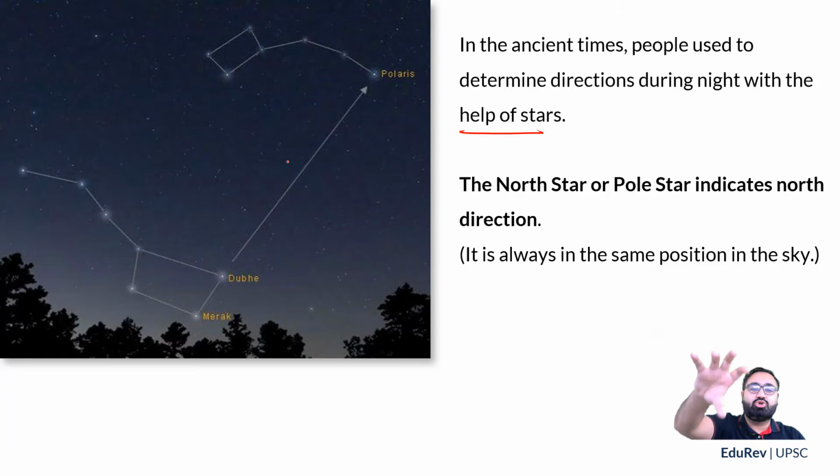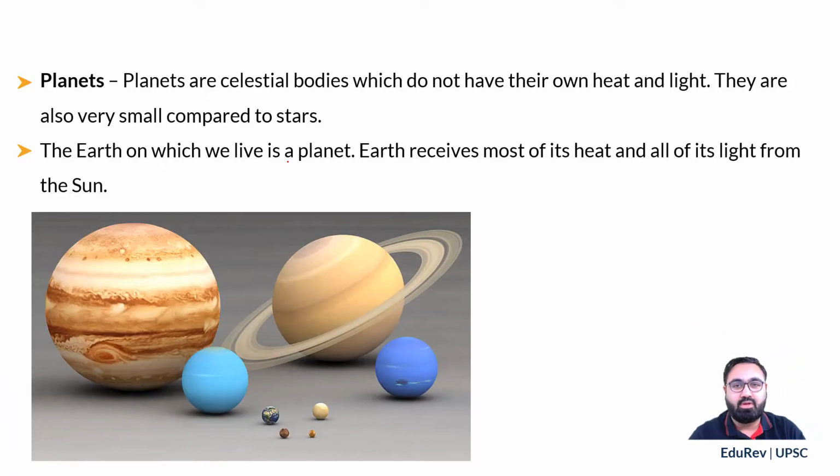It always denotes the north direction. It is said that sailors, when they were lost in the sea in ancient times, used to look at the North Star or the Pole Star, and whatever the direction of the Pole Star was, they knew this is the north direction because it is always at the same position in the sky.